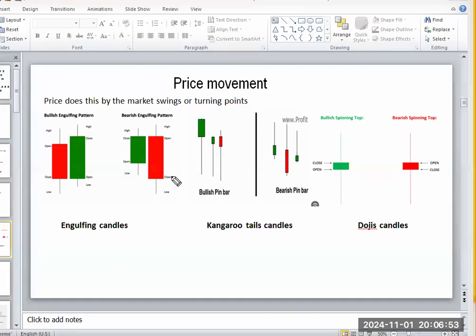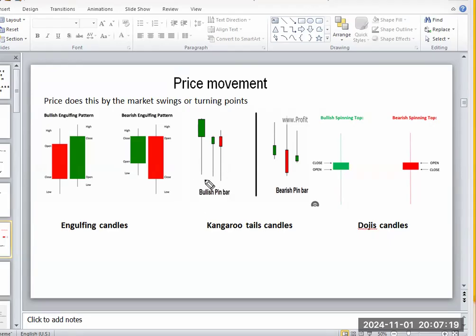Sometimes you may get an engulfing candle and price will just go the other way. But it just says that the probability of the next set of candles going in the same direction as this big engulfing candle is very high, and therefore it gives you some sort of confidence.